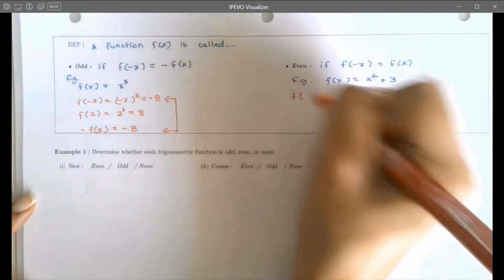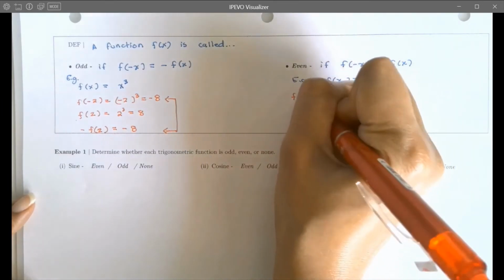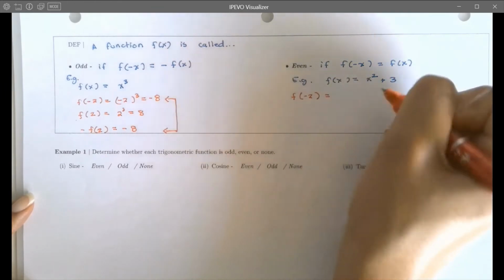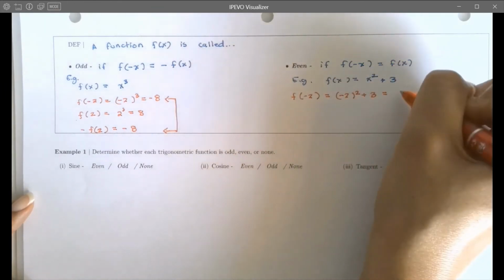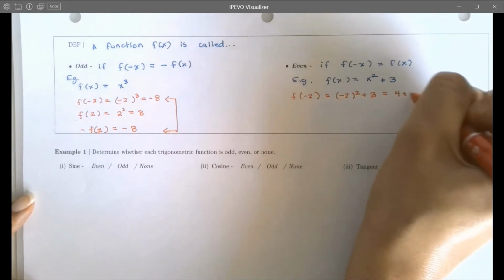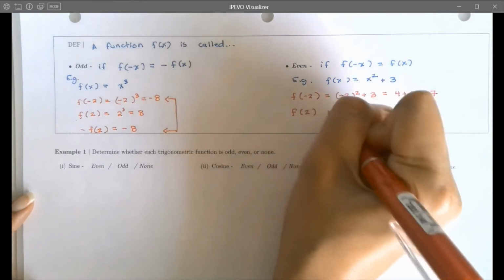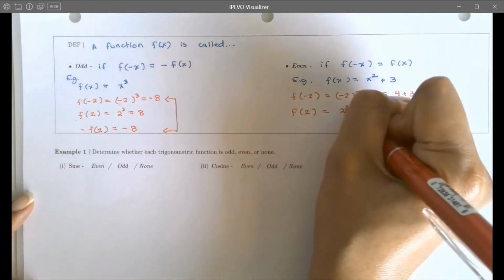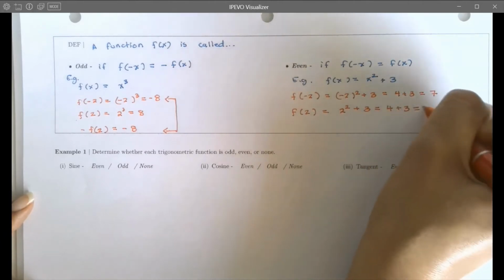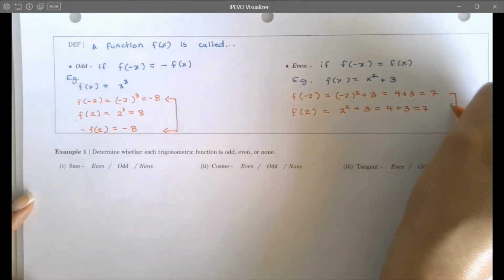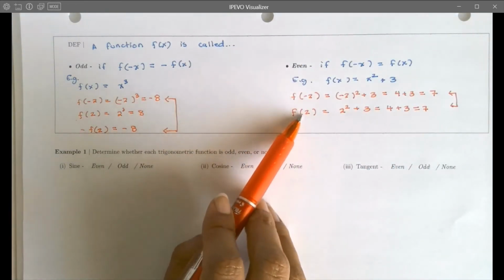If you check f of, let's say, negative 2 as well, I'm going to get negative 2 squared plus 3, which is going to be 4 plus 3, which is 7. And if you check f of 2, that's going to be 2 squared plus 3, which is 4 plus 3, which is also 7. Okay, so they both give the same answer. That means that f of negative 2 is equal to f of 2.